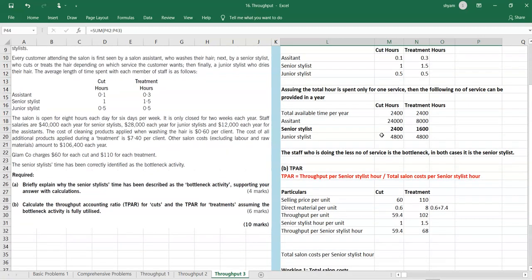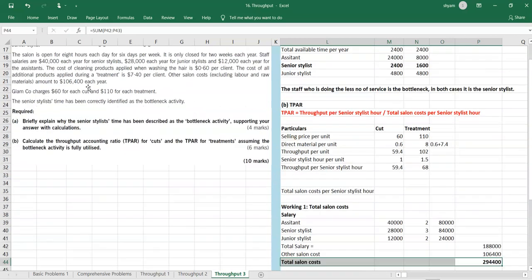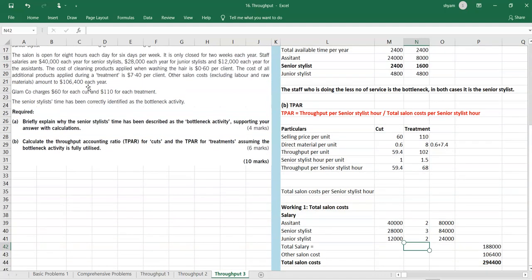Let's just check it once. The salon has two assistants and two juniors and three seniors. Okay, I think they have given it in a different manner. So I think we have made a mistake.